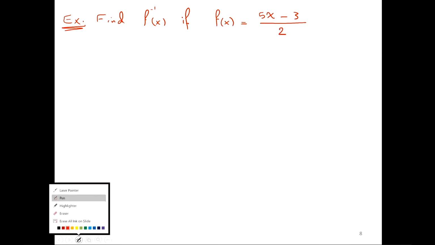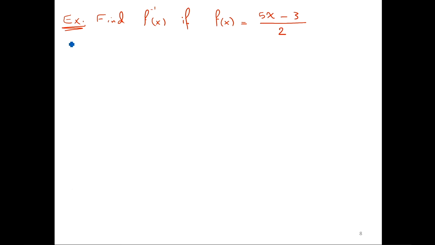To find the inverse of f of x, the solution, firstly, y equal 5x minus 3 over 2. So this is the first step, replace f with y. Now, the second step, if we have y, put x. If we have x, put y.